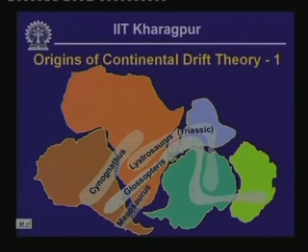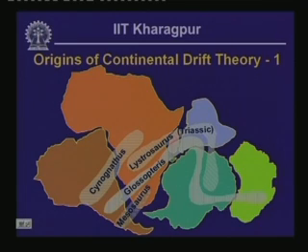Glossopteris is a plant species, and that was found across many parts of southern South America, southern part of Africa, southern part of India, central part of Antarctica, present Antarctica, and eastern part of present day Australia.